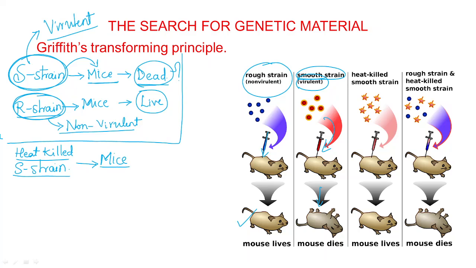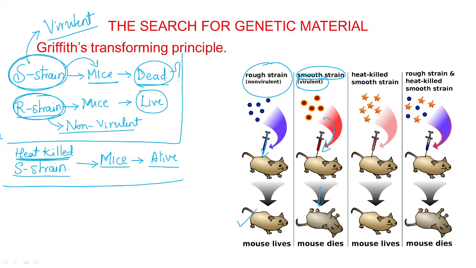At that time he found that all the mice were left alive, because he had heat killed the S strain bacteria. So it clearly tells that heat killed S strain bacteria is non-virulent.